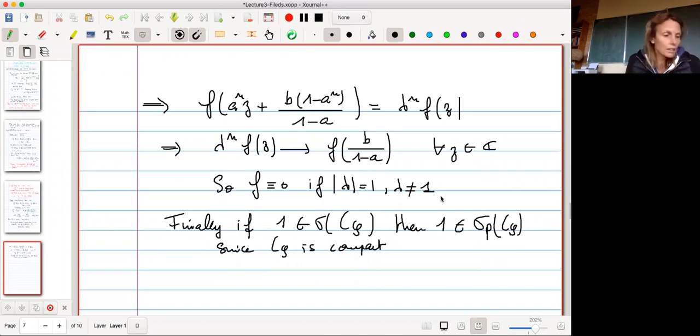And by this equation, in fact, the only eigenvector is constant. So f is constant if f is an eigenvector associated with 1.